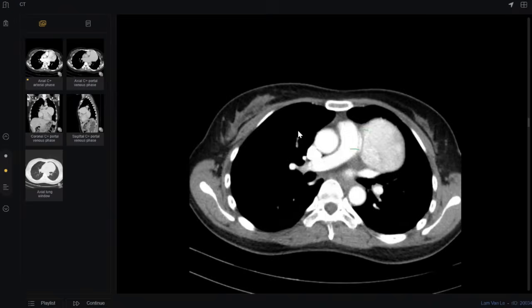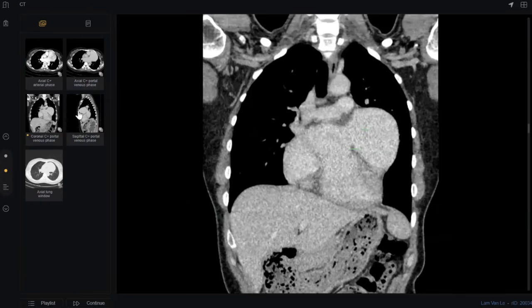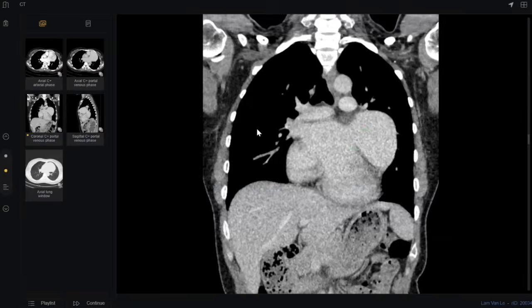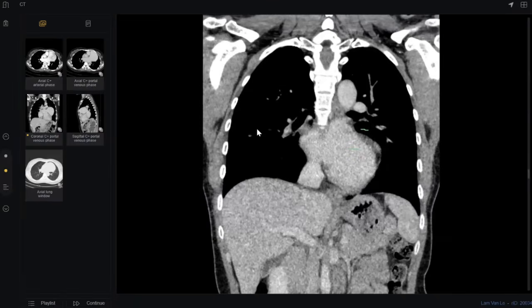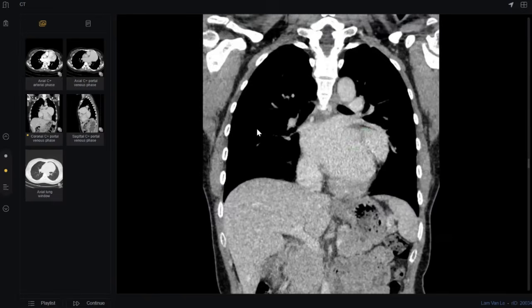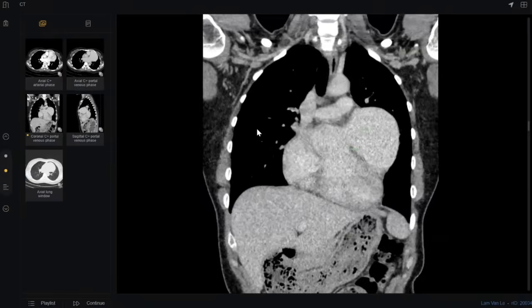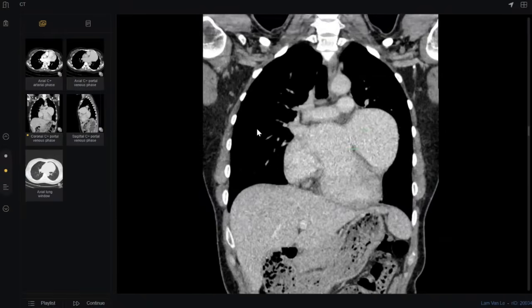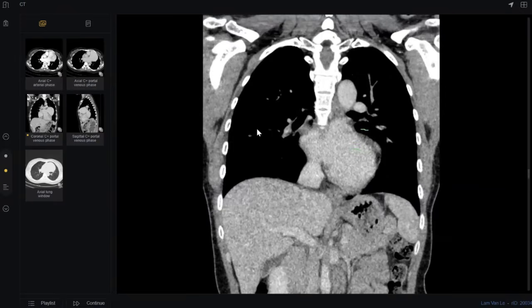In my routine practice, I will check the coronal images to confirm this. So I can see there is aneurysmal dilatation of the left atrial appendage. I will check the clinical history of the patient and further evaluate the patient with echocardiography. I cannot see any filling defect to suggest thrombus in the left atrial appendage.